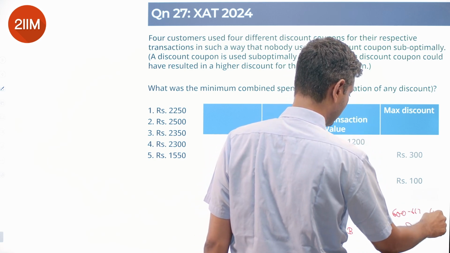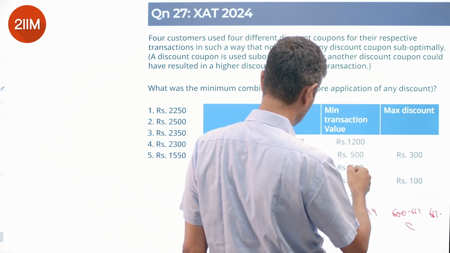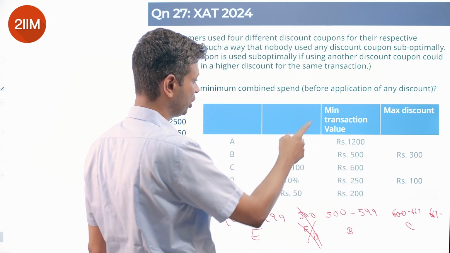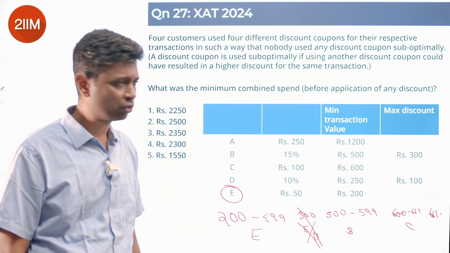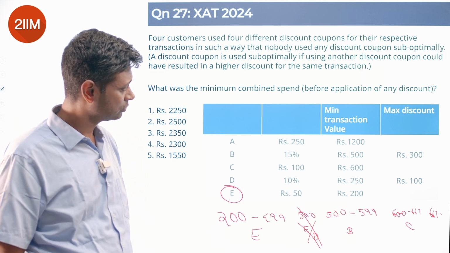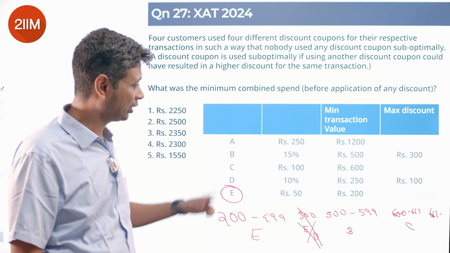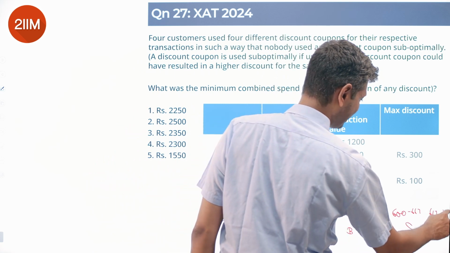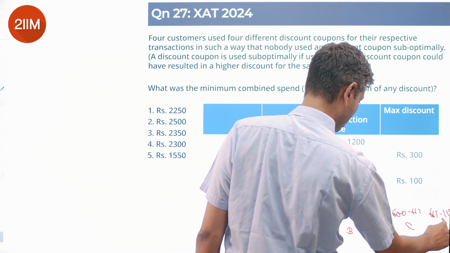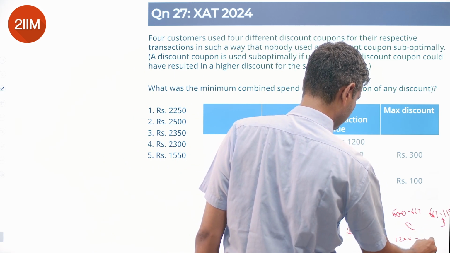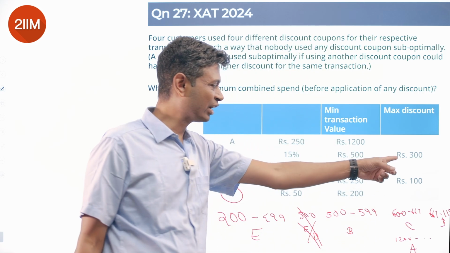That fellow is better till 1200. At 1200, 15% of 1200 is 180. So at 1199, till here, B is better. 1200 to some number, A is better. And then this guy will come back in.